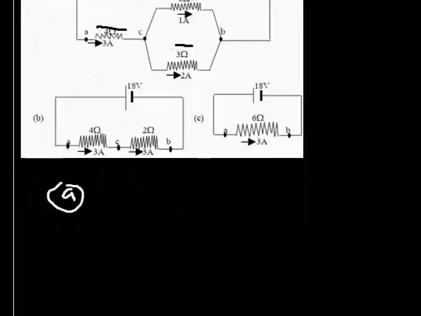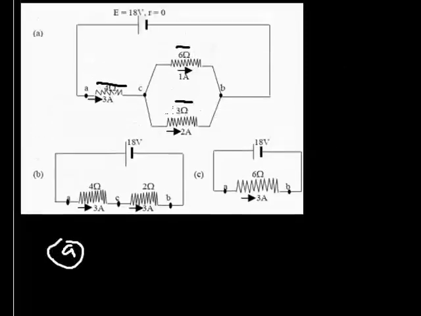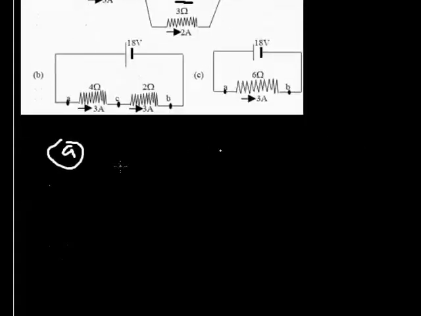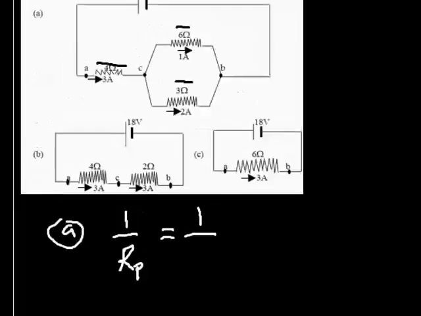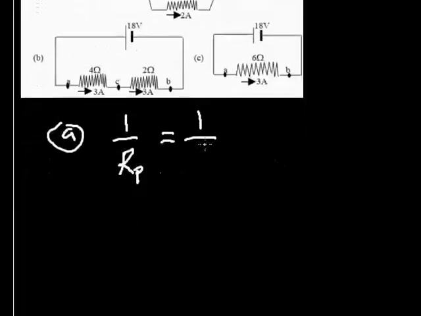Of course, since there are two, remember in parallel connection we have 1 all over RT. Let me use P, parallel. It's going to be equal to 1 all over R1, that's 1 all over 6 plus 1 over 3. Now remember, I gave you a shortcut: when you have two resistors connected in parallel, instead of going through the LCM process, you can just do product all over sum.